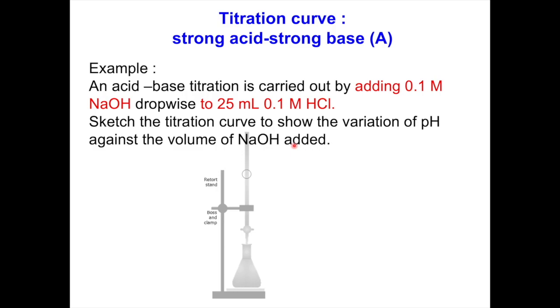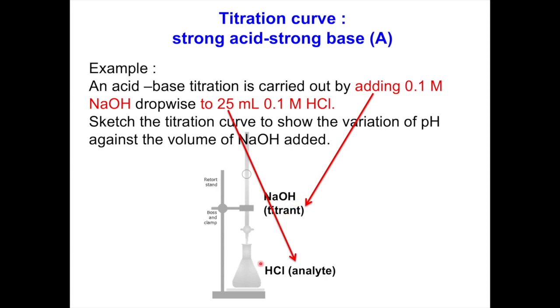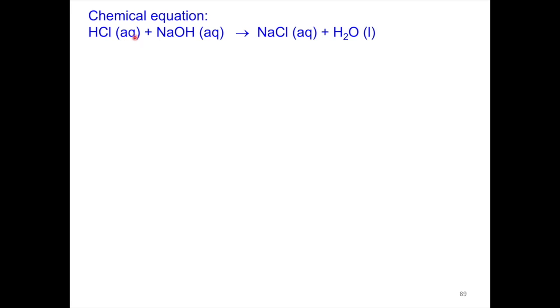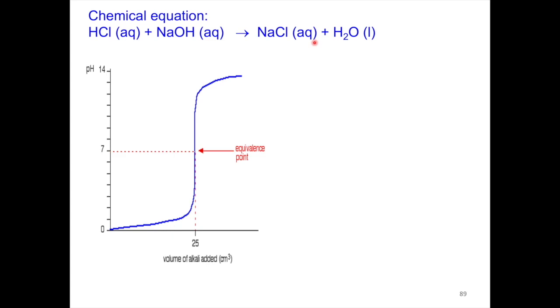In this case, sodium hydroxide is in the burette and it is the titrant, and the hydrochloric acid is in the conical flask and it is also called the analyte. Here is the chemical equation for the titration: HCl plus sodium hydroxide gives NaCl plus H2O.